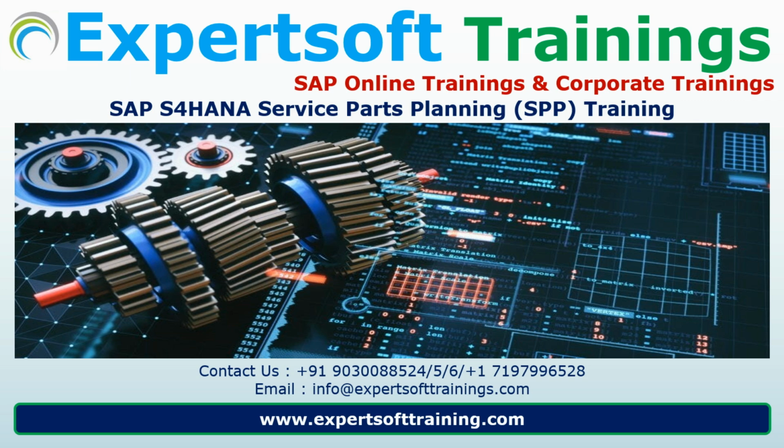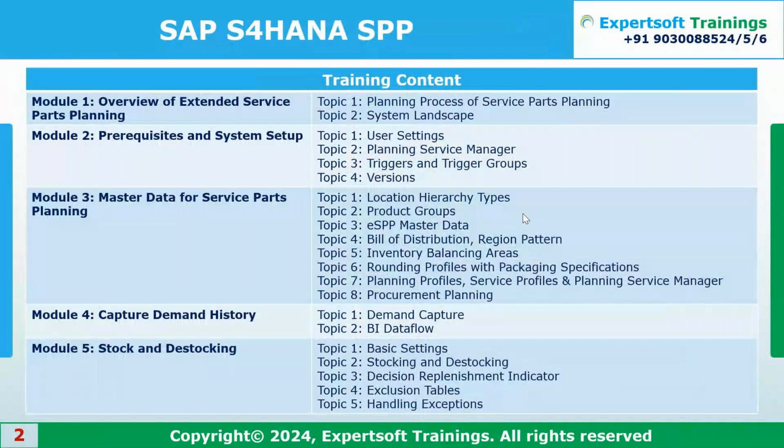I'm not going to read out all those topics now, just skipping. These are the list of topics which we'll be covering throughout all the sessions. Mostly today, I'll be covering module 1, which is basically the extended service bus planning. Why do you need these systems instead of having other planning systems like APO?